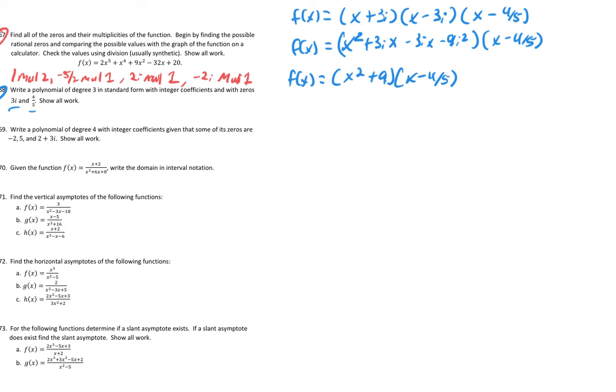So now we can multiply through here. So we're going to get x cubed plus 9x minus 4/5 x squared minus 36 over 5. Rewrite that in standard form.